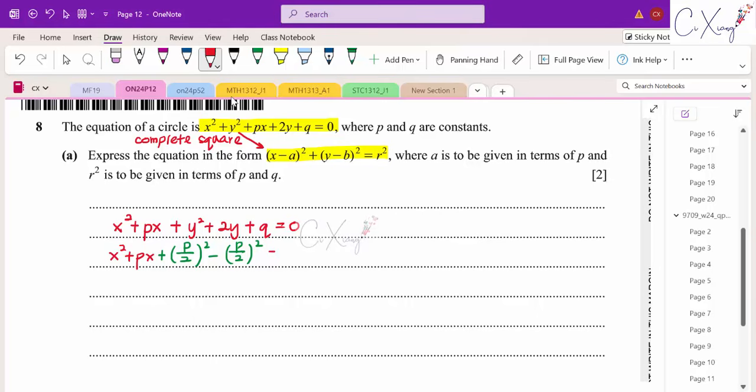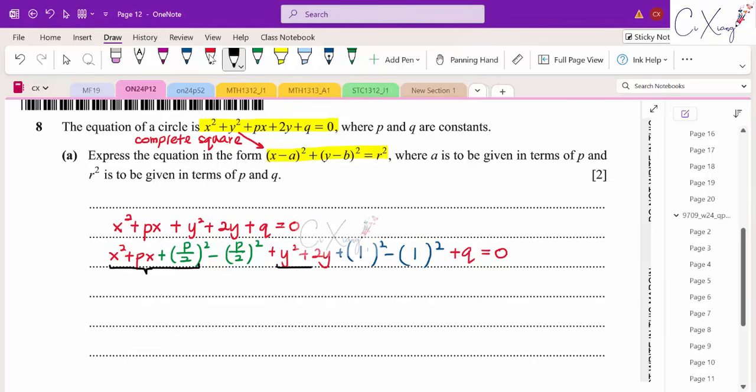And then for the y squared, you also need to have plus something square minus something square. So what's the something here? So you take 2 divided by 2, you get a 1. Okay, then after that plus q is a constant term, so you don't do anything for now, then you let it equals to 0. Okay, then for the x here, I want to group the first three terms together, become one big bracket with a square outside.